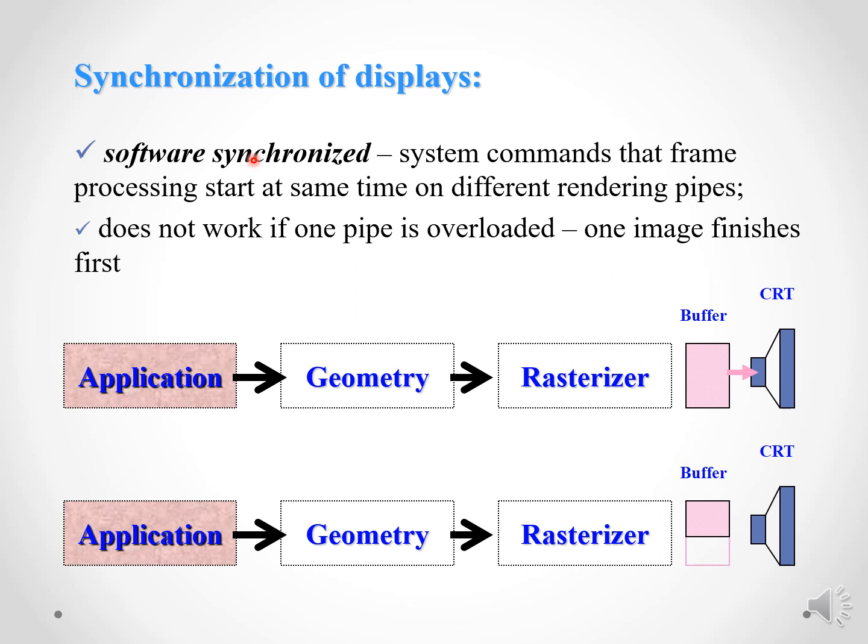The first solution is using software synchronize. In this solution, the system will command that frame processing starts at the same time on different rendering pipes. If you look at this figure down here, we have two channels, and we want to make sure that these two channels or pipes will project the image at the same time.